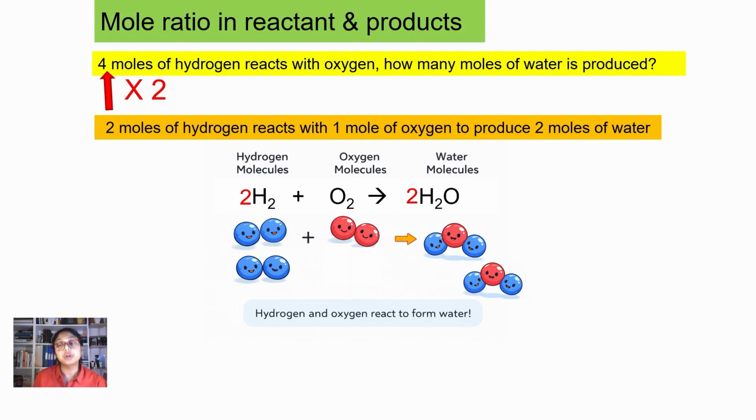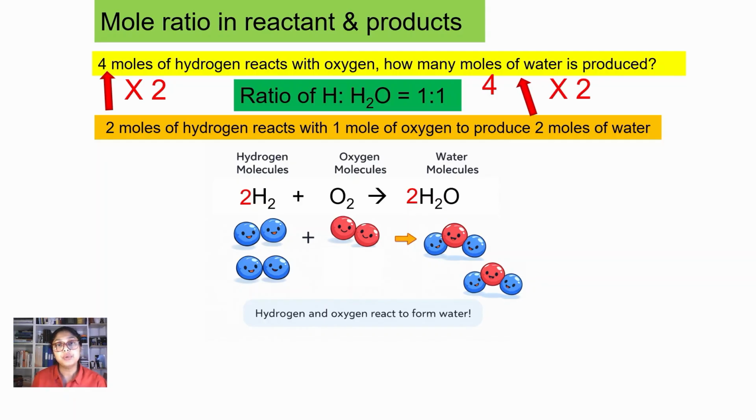That means 4 moles of water produced. Alternatively, you can think the ratio of hydrogen to H2O is 1 to 1. If you're asked for 4 moles of hydrogen, how much water produced? 4. For 10 moles of hydrogen, how much water produced? 10. Simple, isn't it?